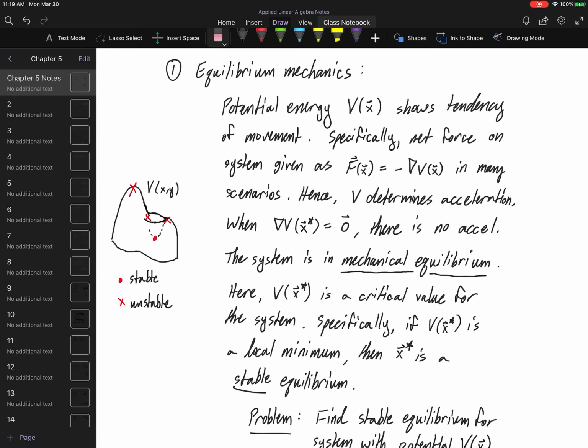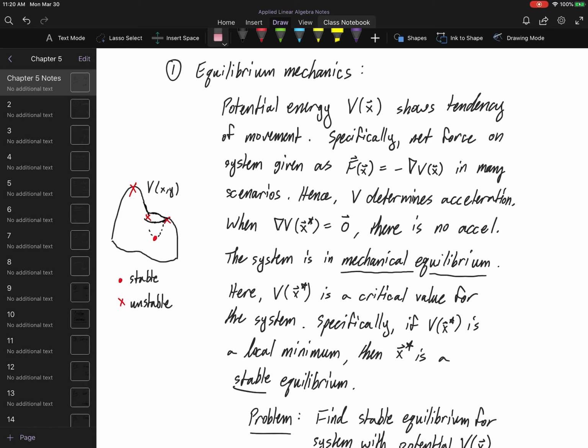Remember, the gradient is going to be pointing in the direction of steepest increase in that function V. So in effect, we are pointing our particles downhill. They want to lose potential energy as they move through the system, or as they move through whatever space they're in.